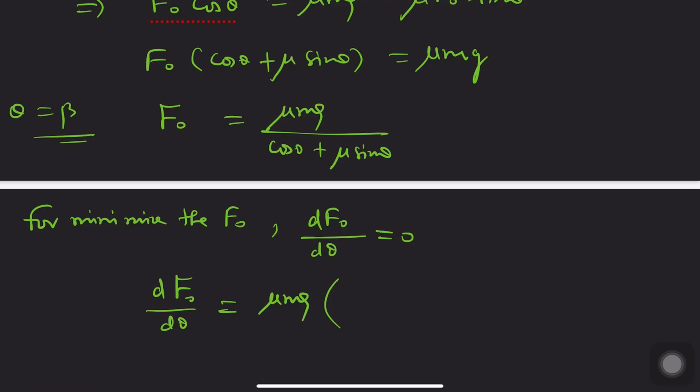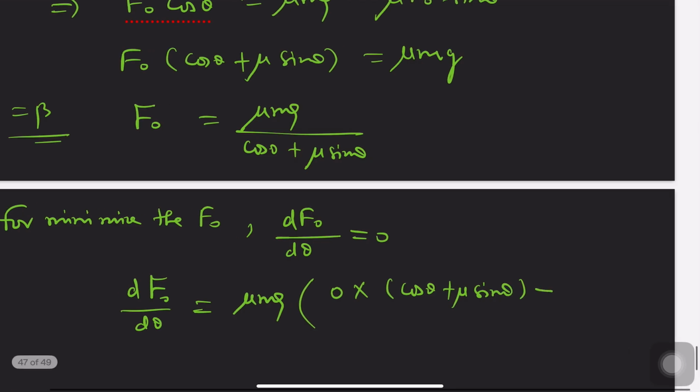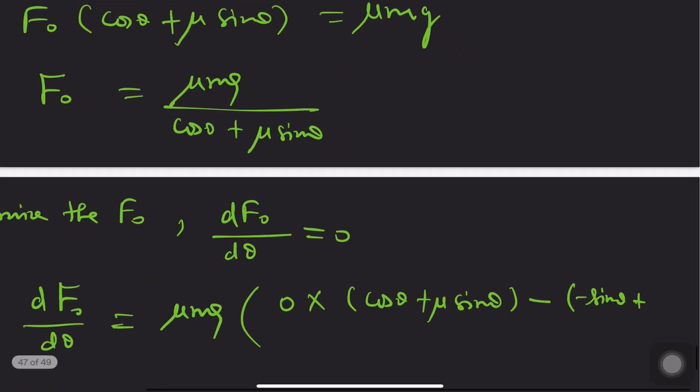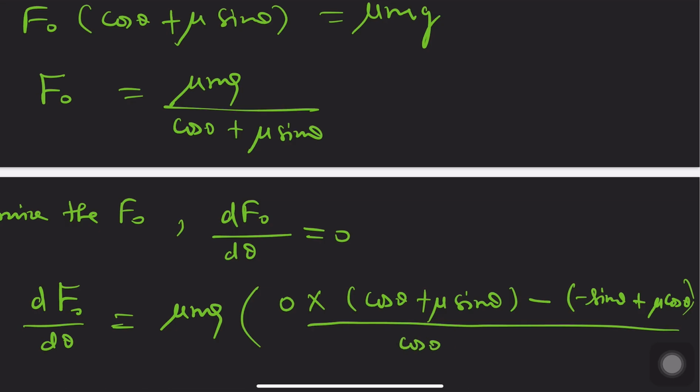In the numerator, the differentiation of 1 is 0, so 0 into (cos theta plus mu sin theta) minus the differentiation of the denominator. Cos theta differentiation is minus sin theta, plus mu sin theta differentiation is mu cos theta, into 1. I hope you're getting my point. Divided by (cos theta plus mu sin theta) whole square.